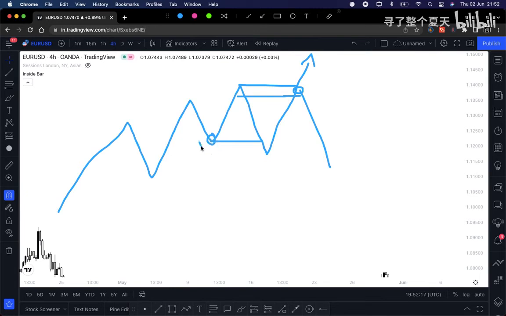Because we are seeing a protected low getting violated. But again, such a trade is not of high probability. Yes, most of the time it does work out, but it is not of high probability, right? So again, you can still wait for price to create a lower low, lower high.